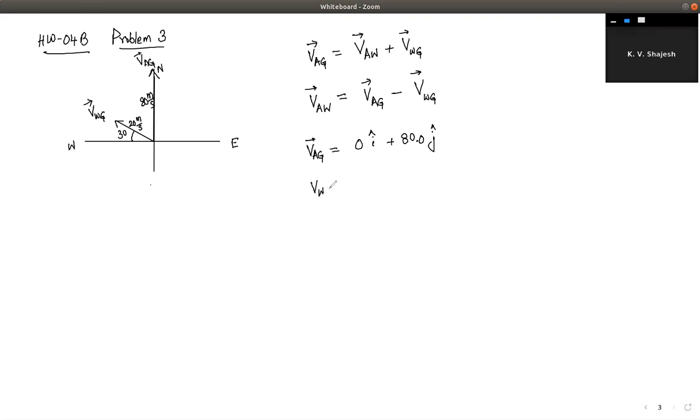The velocity of the wind with respect to ground is in the second quadrant, so the x component will be negative. So that's 20 cosine 30 in the i direction plus 20 sine 30 in the j direction.